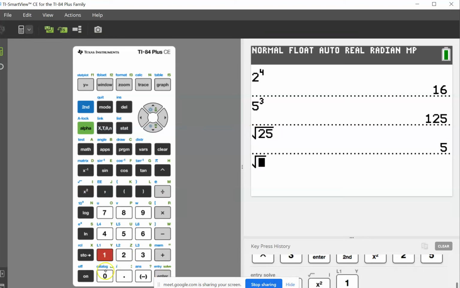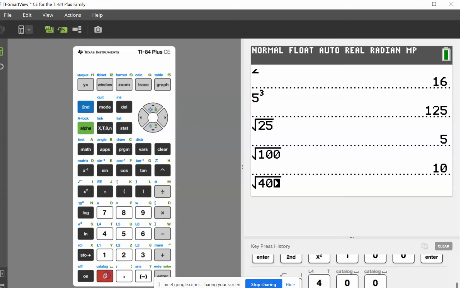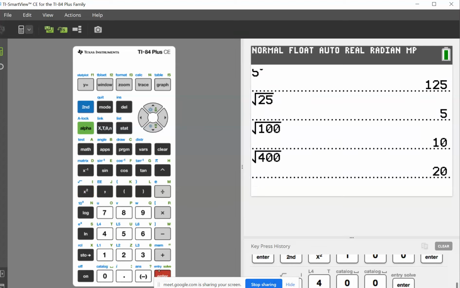Second square root, type in my 100, I get my solution 10. So when you're finding the square root of a number, if I want to do the square root of 400, that would be 20. You can key those in just as you see them, okay?